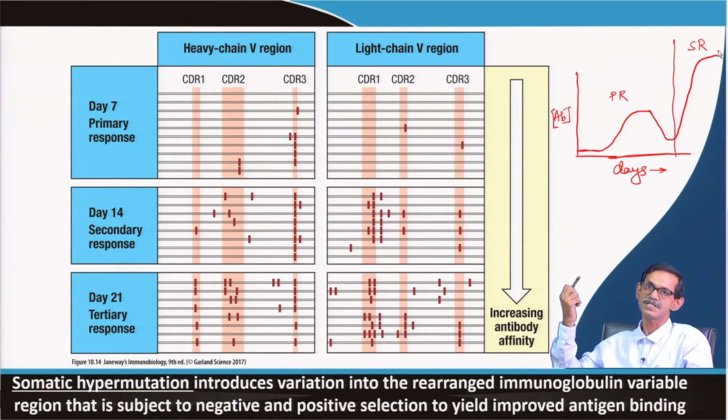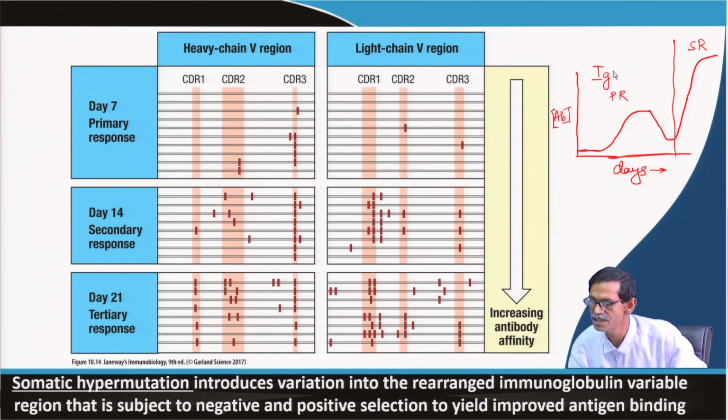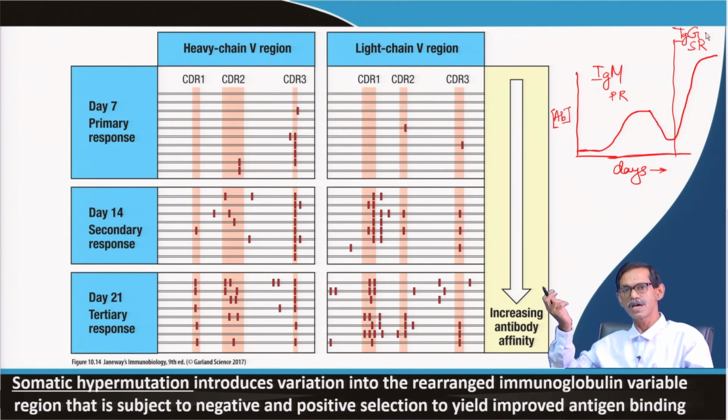The other one I think I mentioned, but if not, I am mentioning it again and will explain later: in the primary response, most or all of the antibody is IgM, whereas in the secondary response it is IgG. That is called isotype switching.